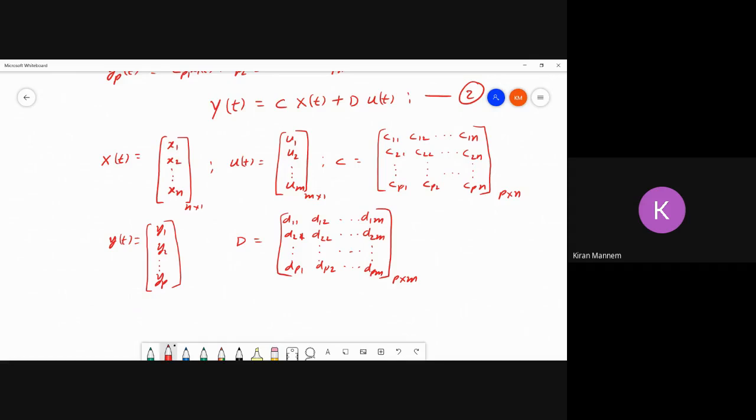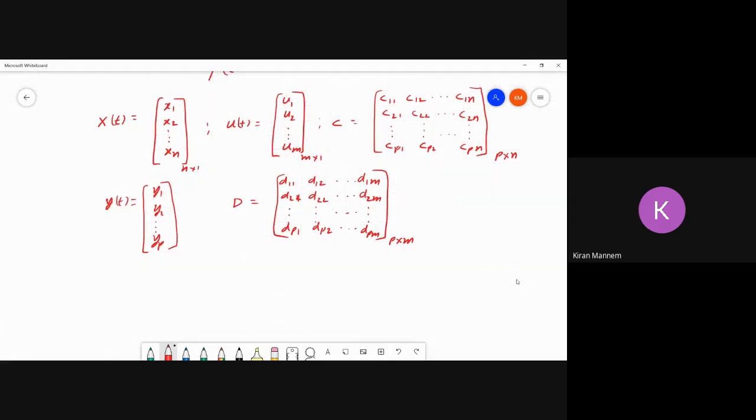Now, I'll write equation 1 and 2 here. Equation number 1 is x dot of t equal to A into x of t plus B into u of t. You must remember these two equations. The whole unit is dependent on these two equations. And the output equation is y of t is equal to C into x of t plus D into u of t.